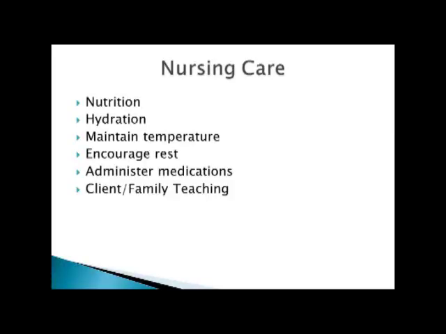We are going to have issues about nutrition and how we can keep them hydrated and make sure they don't lose weight. We want to concern ourselves with temperature. We also want to encourage rest and take time with that, administer medications, and do some client and other kinds of family teaching.